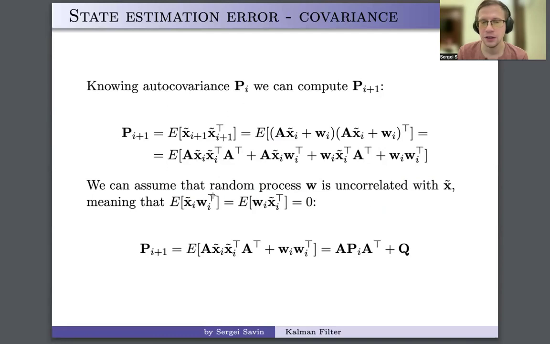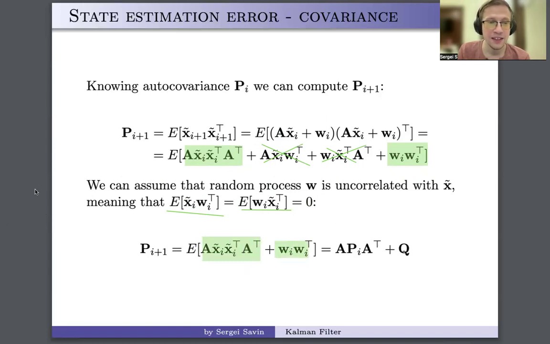Now, what we achieved is this. We know that since this is 0, this goes to 0. Since this is 0, this goes to 0. Therefore, this guy and this guy are the only ones that remain.